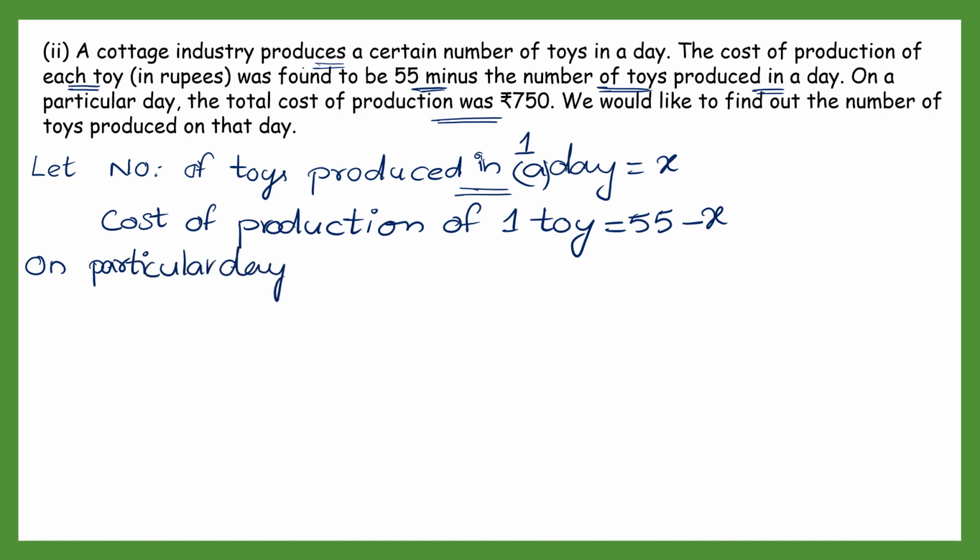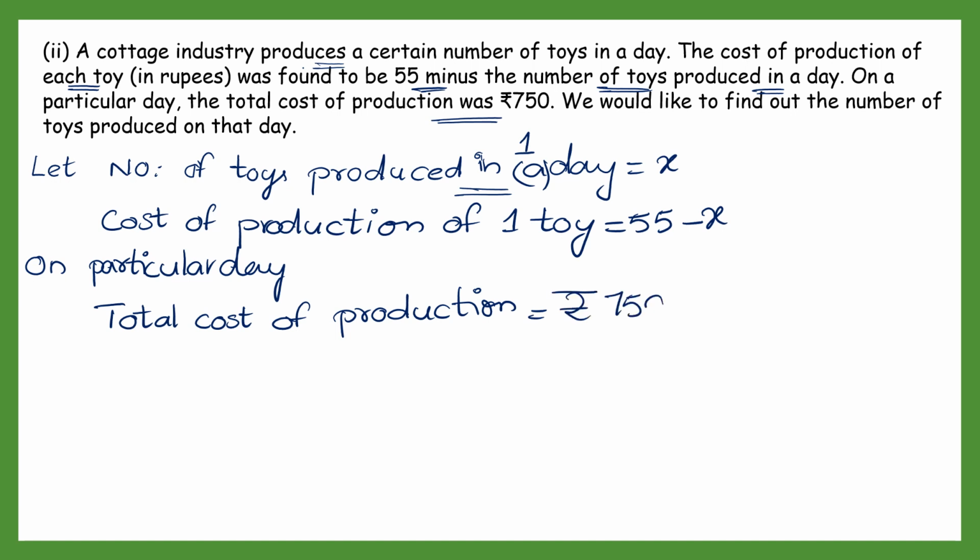They are telling the total cost of production. Total cost of production is what? Rupees 750. Let us assume a Dairy Milk chocolate. The cost of one chocolate is 10 rupees.